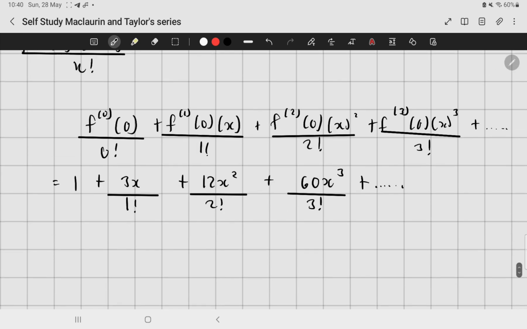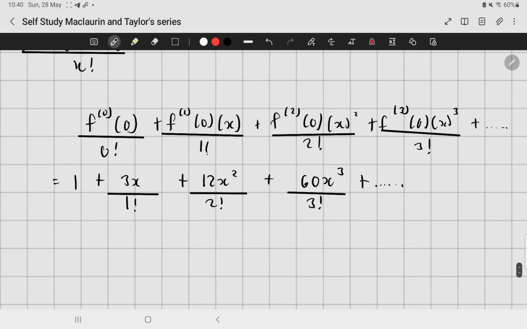Okay, so I'm not saying it's easy, but the part with the x terms and the factorials is easy to create a pattern for, because we know that when n is equal to 0, we have x to the power 0, x to the power 1, x to the power 2, and so on. This applies as well to the denominator, which is 0 factorial, 1 factorial. But how about the coefficients here?